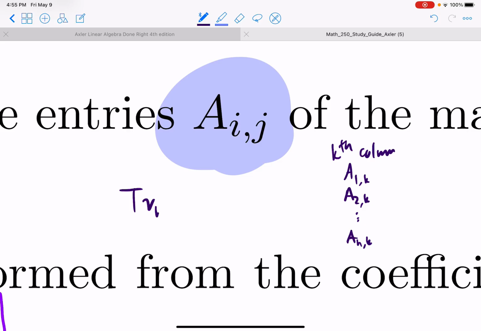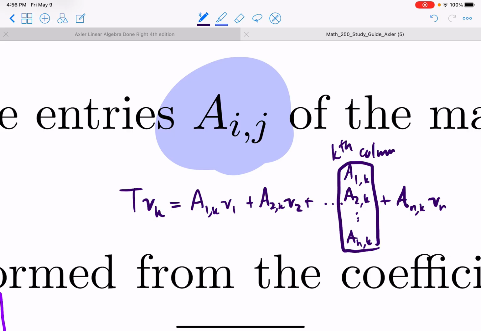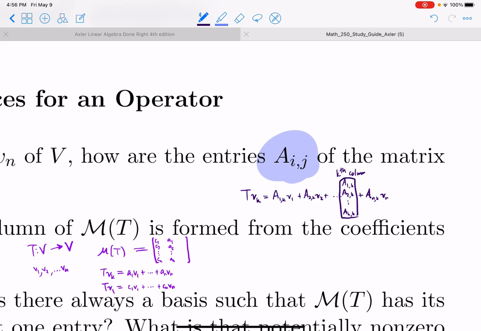You take T vk, and you write it as a1k v1 plus a2k v2 plus dot dot dot all the way up to ank vn. And then you put them into the kth column of a matrix. And so those are just what those numbers are.